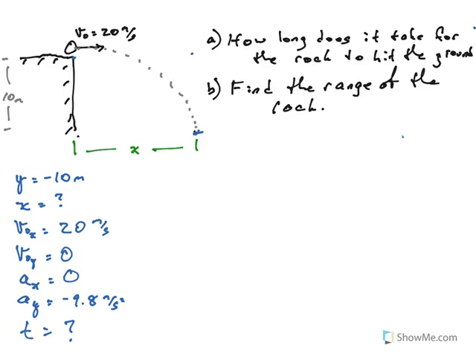A good way to think about it is this. Let's say you're shooting a bullet from a gun. When you shoot the gun, it goes really, really far, but eventually the bullet's going to hit the ground. It's hard to imagine, but it is true that if I have a bullet in my hand and a gun in my other hand, and I shoot the gun and drop the bullet from my other hand, both of those bullets hit the ground at the same time. It doesn't seem like that's true.